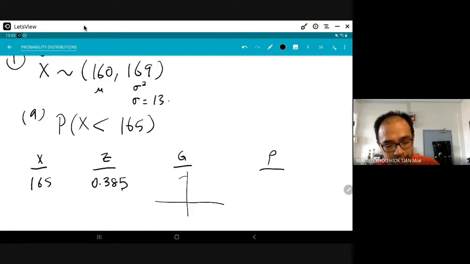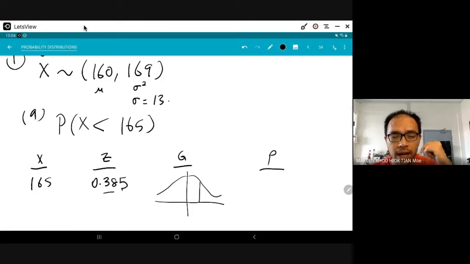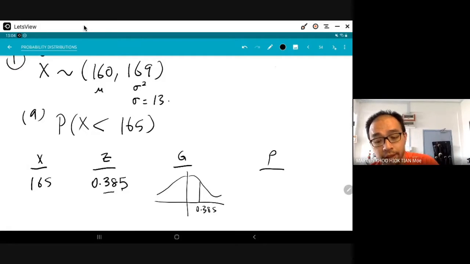So where do we place it in our graph? We place it on the right side. Are you sure it's 0.385? Okay, fine. We place it on the right side, 0.385.